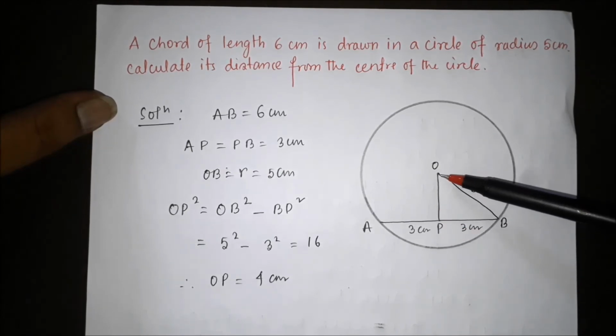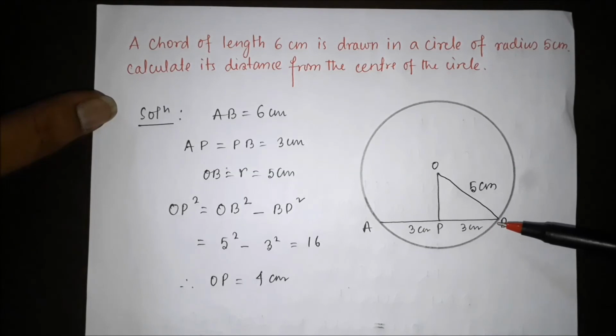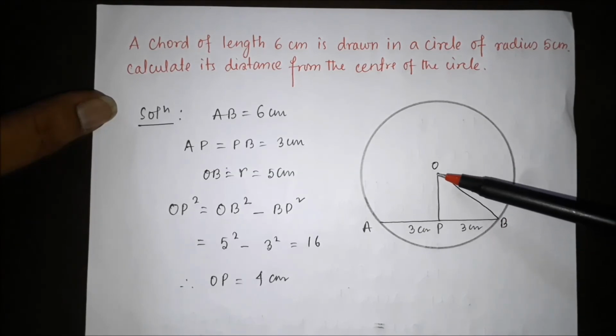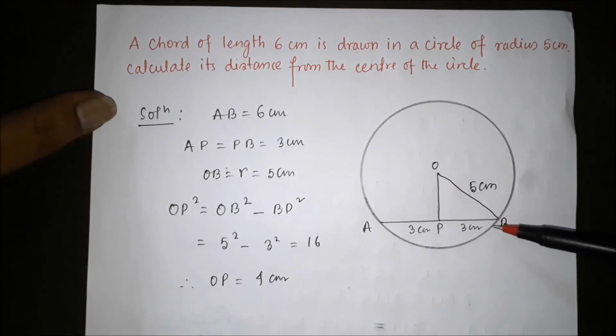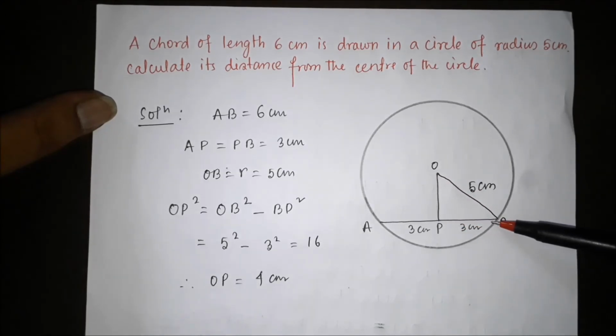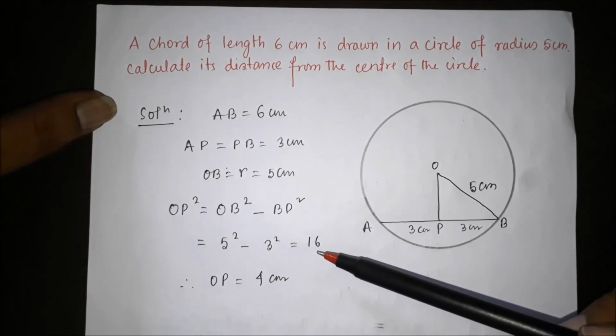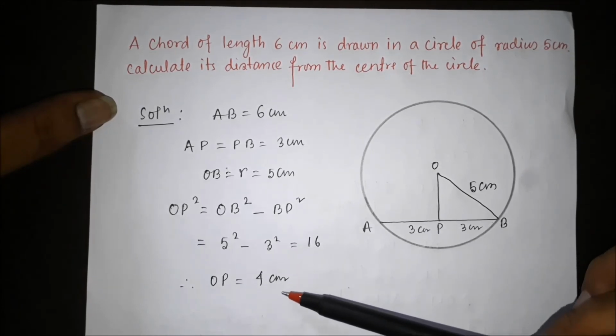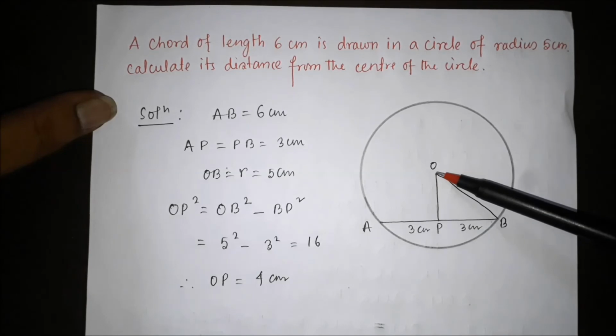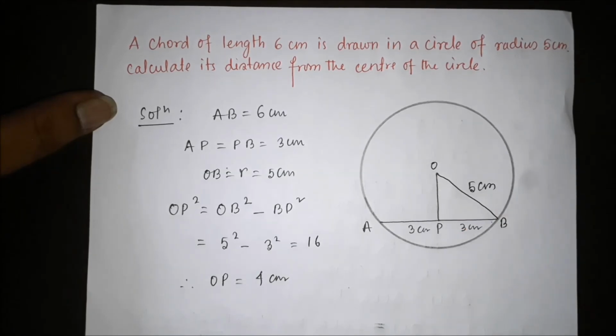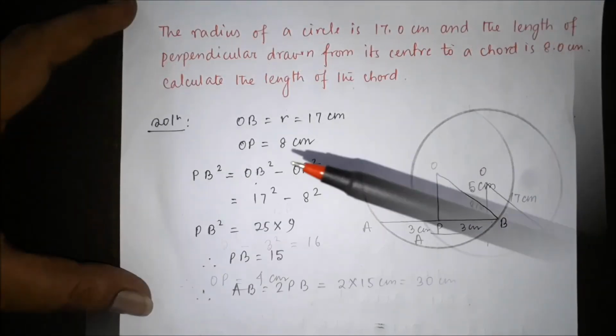This is a right angle triangle, so we are using the Pythagoras theorem. OP square equals OB square minus PB square. So it is 5 square minus 3 square, which is equal to 16. Therefore OP equals 4. That means the distance from the center is 4 cm.